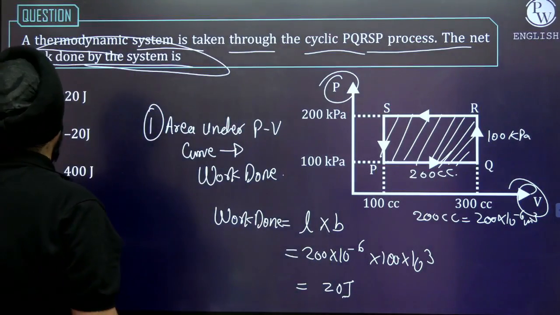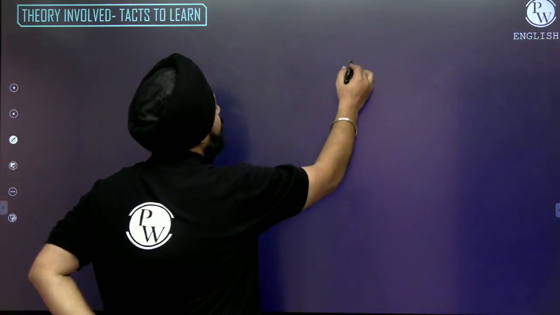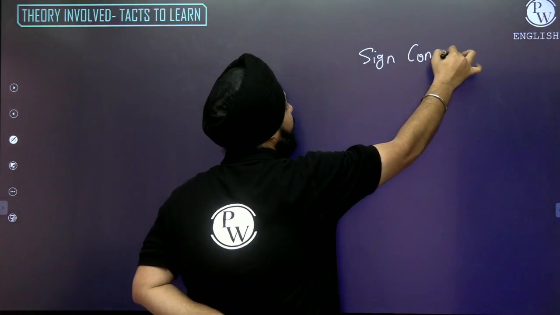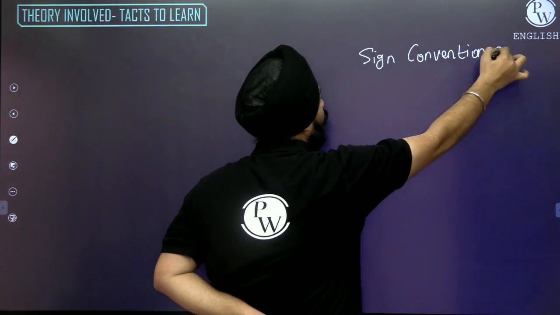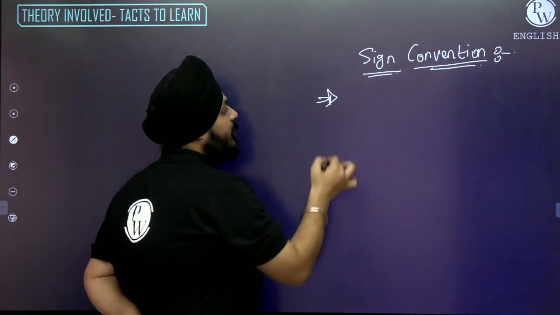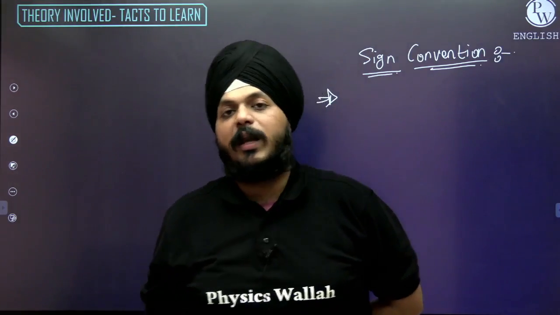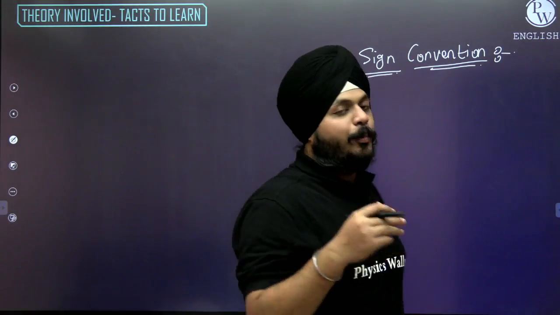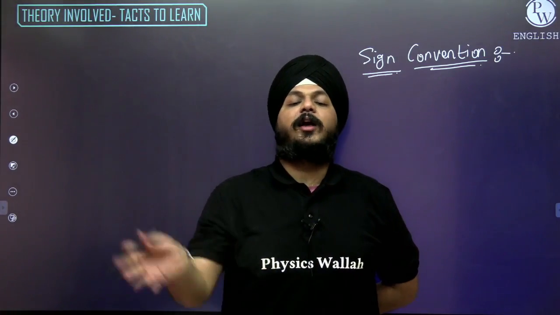The most important thing related to this concept is sign convention. Why didn't I tell anything about the sign convention? Because there is a difference in physics and chemistry. Whenever you are dealing with thermodynamics in chemistry, some students have been taught to deal with the process as clockwise and anti-clockwise.